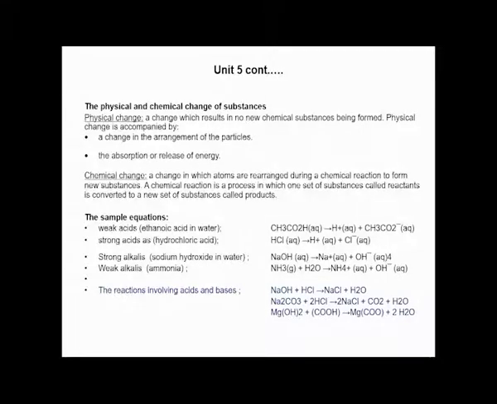For example, if we combine sand with water, that is what we call a physical change, because there are no chemical reactions happening. They can also be easily separated, let me say with filtration. So that is what we call a physical change.